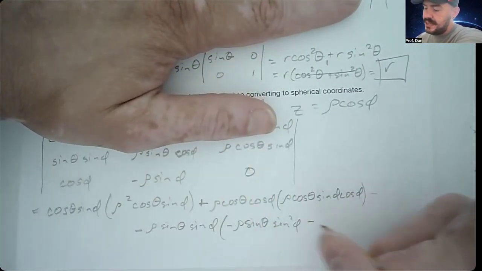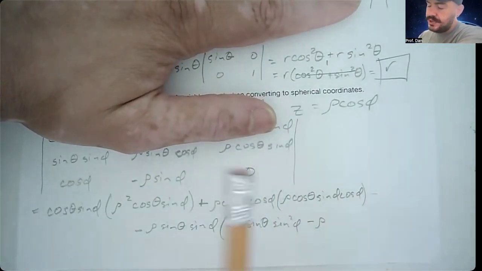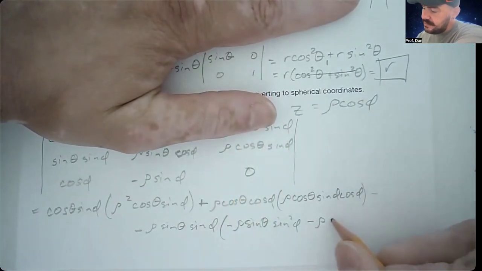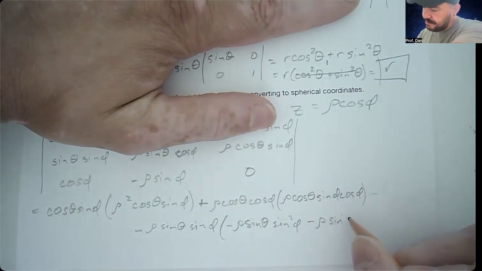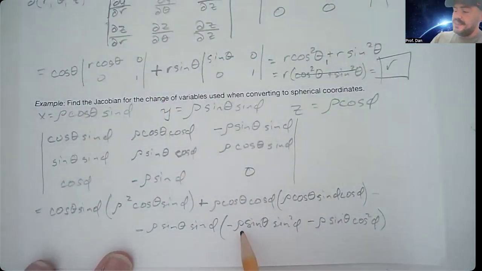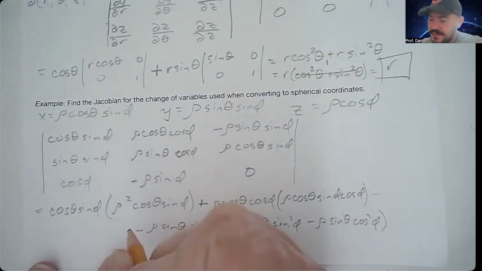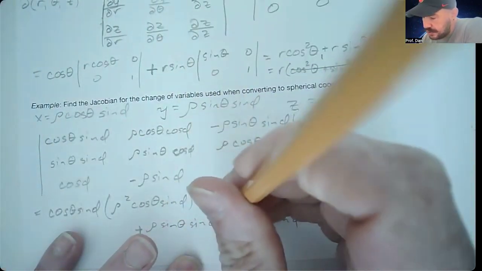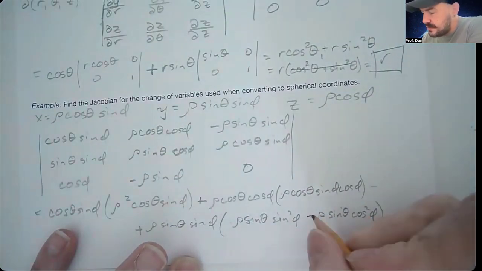So it'll be minus rho sine theta cosine squared phi. All right. And here I notice that I could factor a negative out from that. If I do, then that'll be positive, and both of these terms will also be positive.